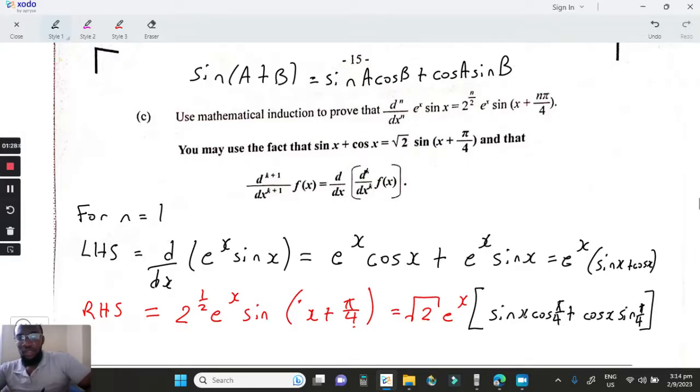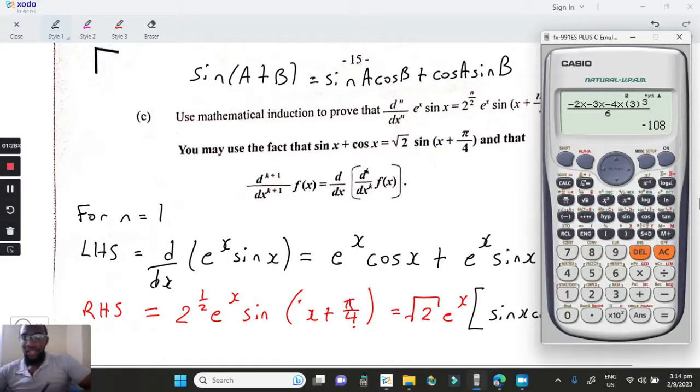Now, this works out to be cos pi over 4. Let me put that in the calculator. I know cos pi over 4. I don't know why I'm using the calculator. It should be cos 45 is root 2 over 2. But just for safety, I'm using the calculator. Pi over 4.